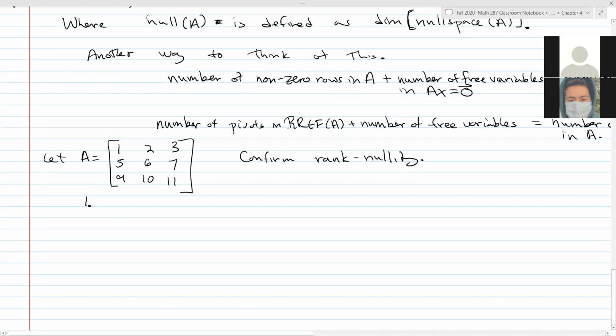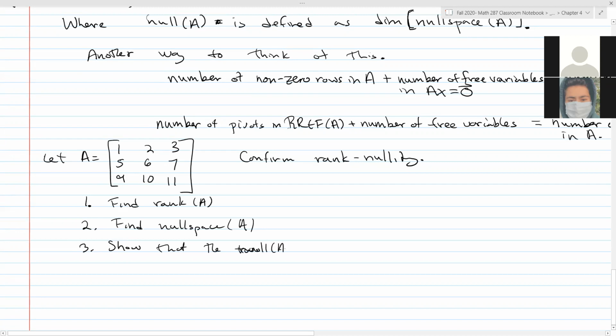One, find the rank of A. Two, find the null space of A. Three, show that the two added together, the nullity of A, excuse me, plus the rank of A equals 3. So take a couple minutes to do that.